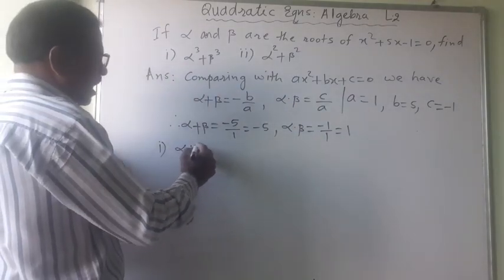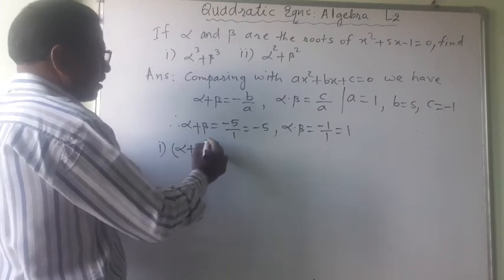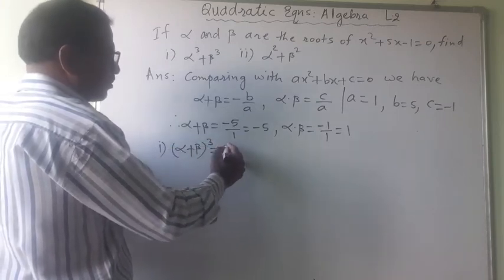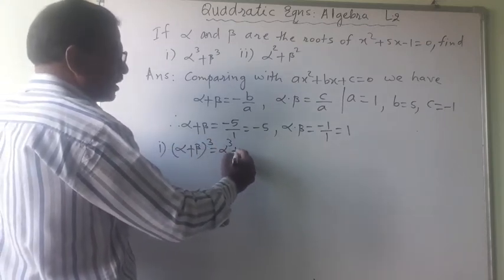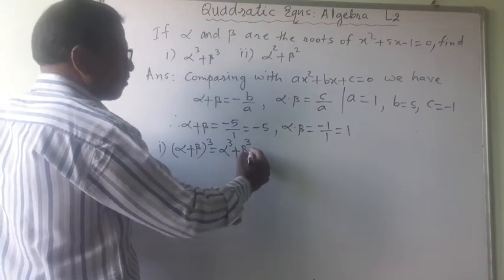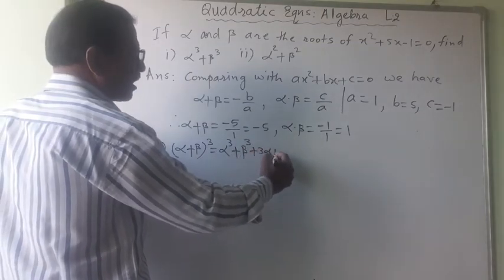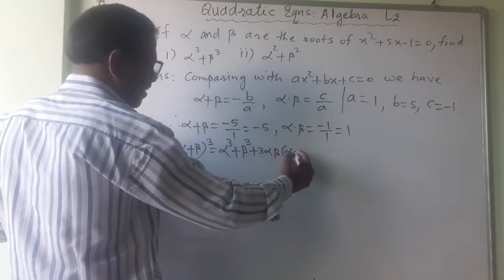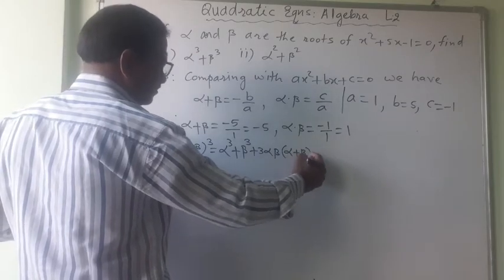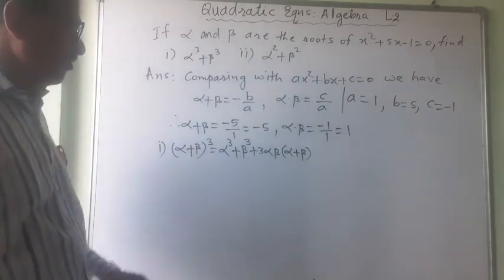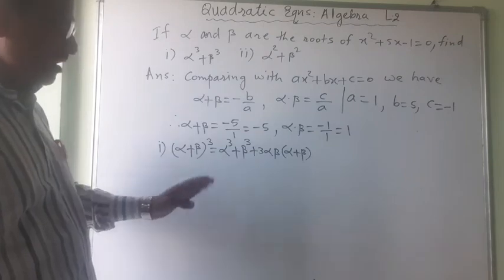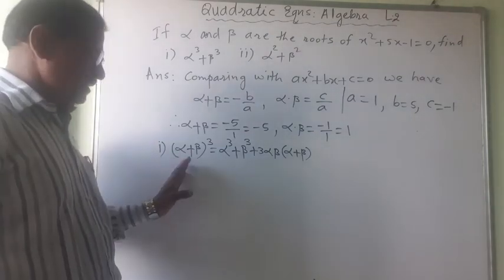Alpha plus beta bracket cube is equal to alpha cube plus beta cube plus 3 alpha beta into alpha plus beta. One sum I have solved in the previous videos on this.